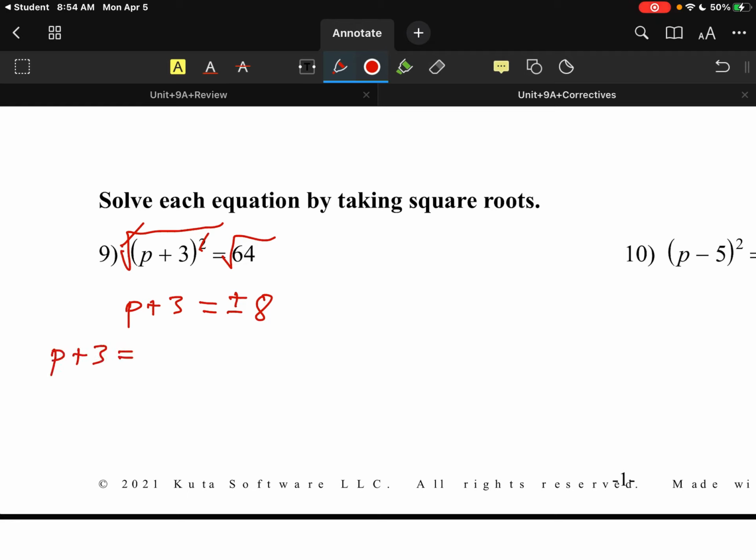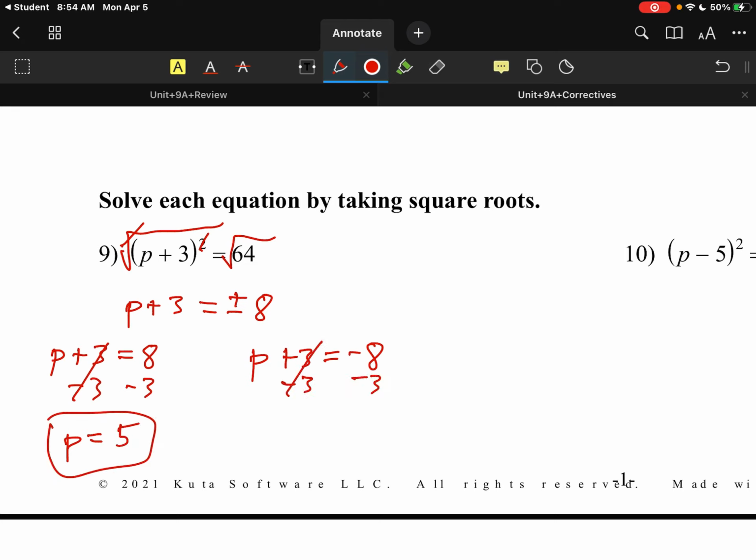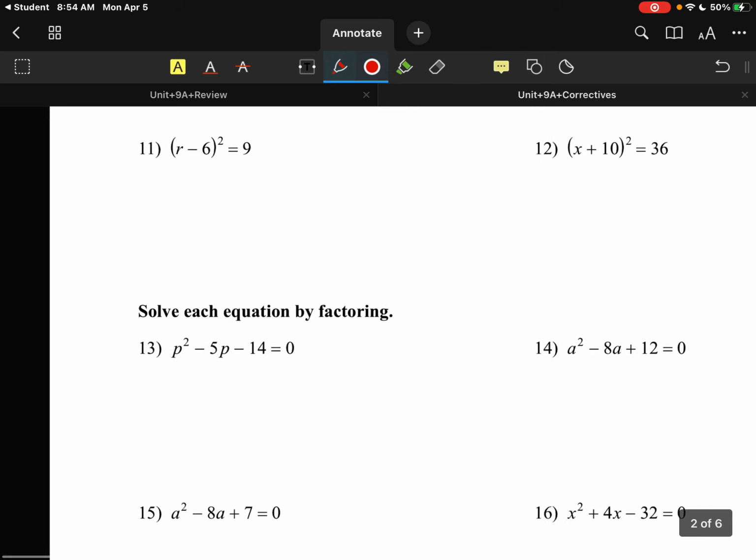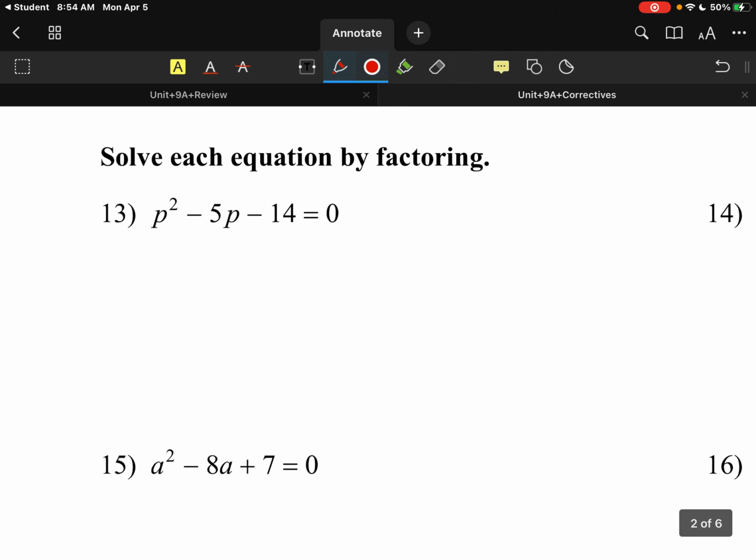You need to make two equations. Okay, so p plus 3 equals 8, or p plus 3 equals negative 8, and then just solve them. Okay, so I'm going to subtract 3 from both sides. I get 5 over here. Subtract 3 from both sides, I get negative 11 over here. So two answers. Okay?